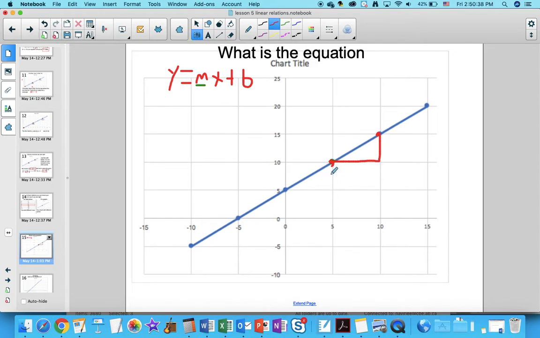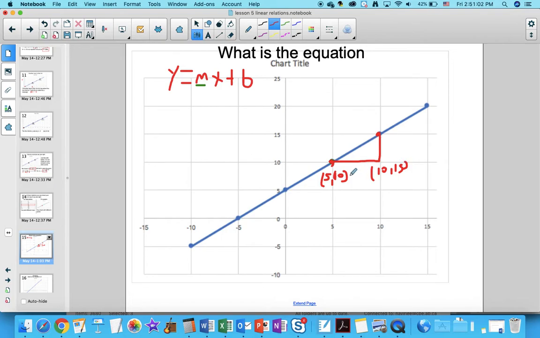So this point is 5 and 10, and this point is 10 and 15. Let me make this a little bit more clear. I went from 10 to 15.